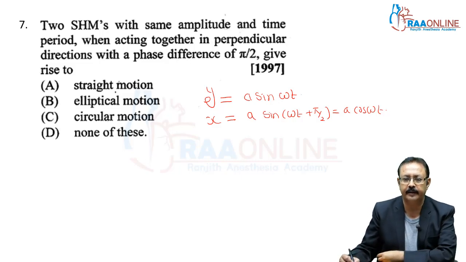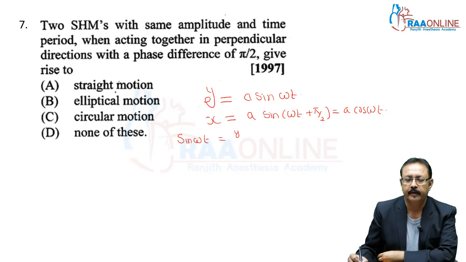What is the locus of that particle? Remove omega t. From the first equation I am getting sin omega t is y by a. From the second equation I am getting cos omega t is x by a.